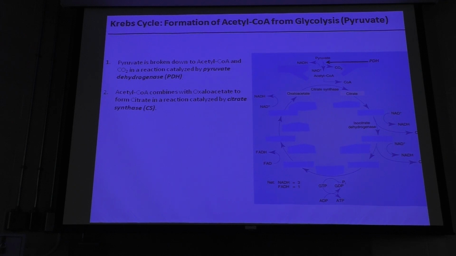So how quickly acetyl-CoA can be produced through glycolysis, the activity of PDH, the activity of citrate synthase as a Krebs cycle enzyme, and then ultimately the activity of isocitrate dehydrogenase, which appears to be the rate-limiting enzyme of the Krebs cycle itself.